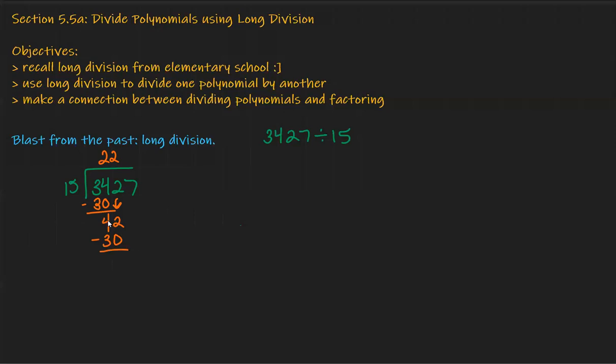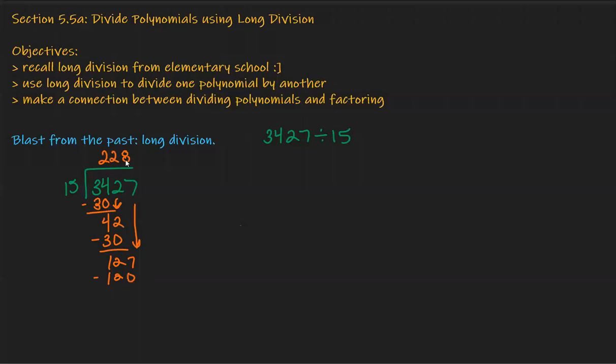Subtract that off: 42 minus 30 is 12. Then I bring down the 7. Now for the last one, how many times does 15 go into 127 evenly? If you do little calculations in your calculator, you'll find that it's 8 times, because 8 times 15 is 120.